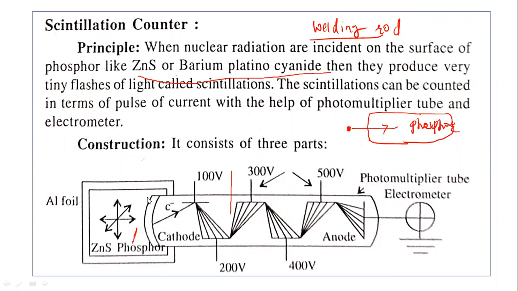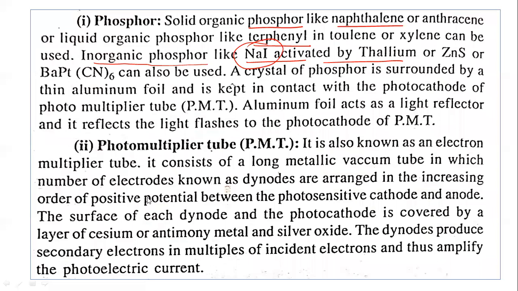So the aluminum foil acts as a light reflector. The tiny flashes of light produced by the nuclear radiation get reflected by the aluminum foil and strike the photocathode.